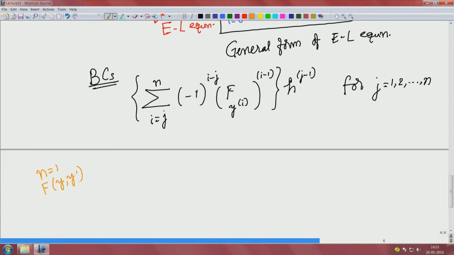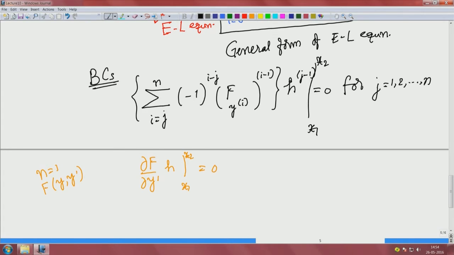If I have that, our boundary condition was dou f by dou y prime times h at either end, x1 and x2, equal to 0. They are boundary conditions after all, that is what we have.